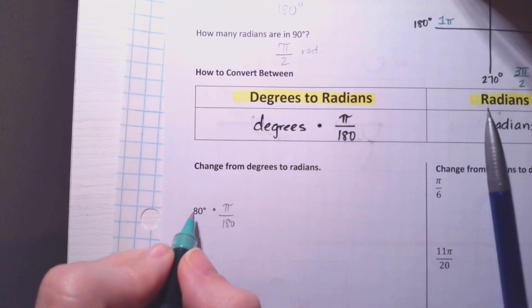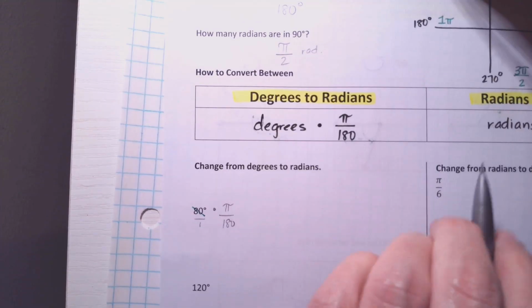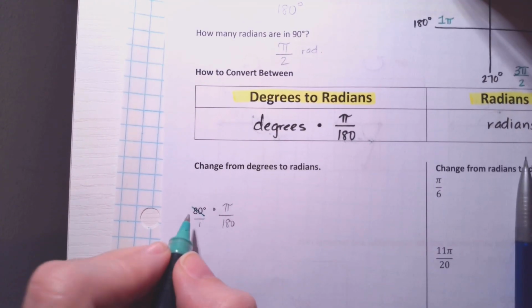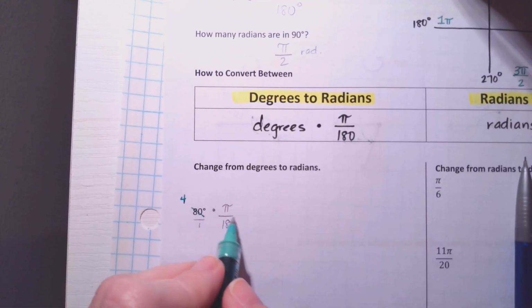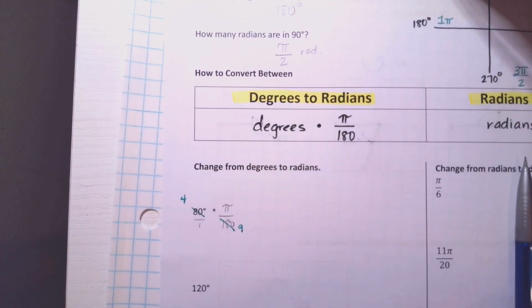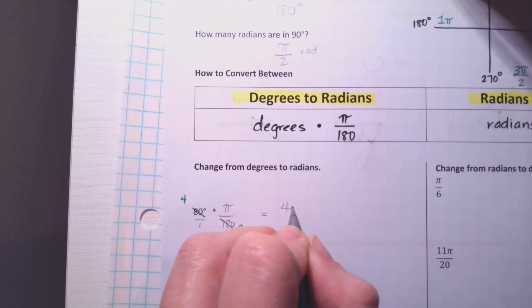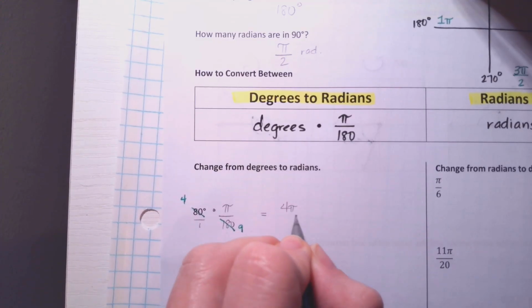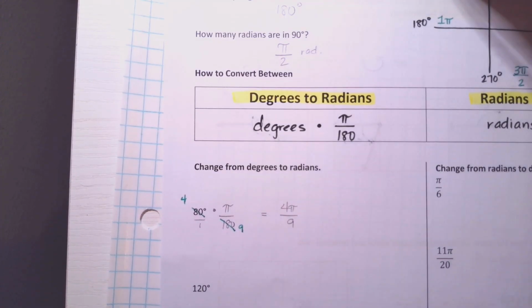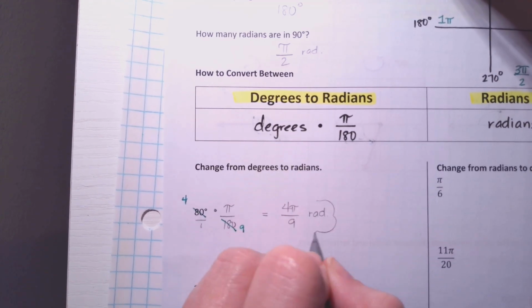So going diagonally, 80 divided by 20, let me put a 1 under this to give me two fractions, is 4. 180 divided by 20 is 9. Then I'm just going to multiply these like two regular fractions. Top times top would be 4 pi. Bottom times bottom would be 9. And there's my answer in radians, 4 pi over 9 radians.